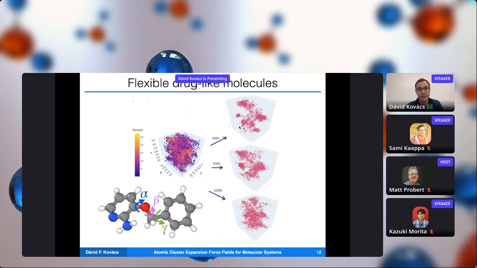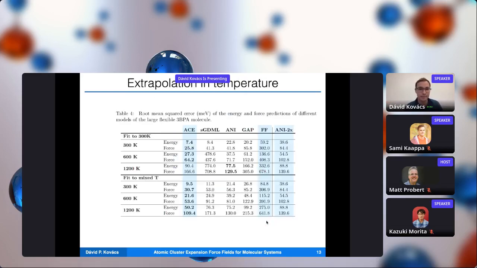Then we created 3 different training sets and test sets: one sampled at 300 Kelvin MD, one at 600, and one at 1200 Kelvin MD. You can see that as the temperature is increased, the sampling becomes more and more complete in the space of these 3 dihedral angles, alpha, beta, and gamma. Here there are very much stable pockets, and then at 1200 Kelvin, we are basically sampling the whole configuration space.